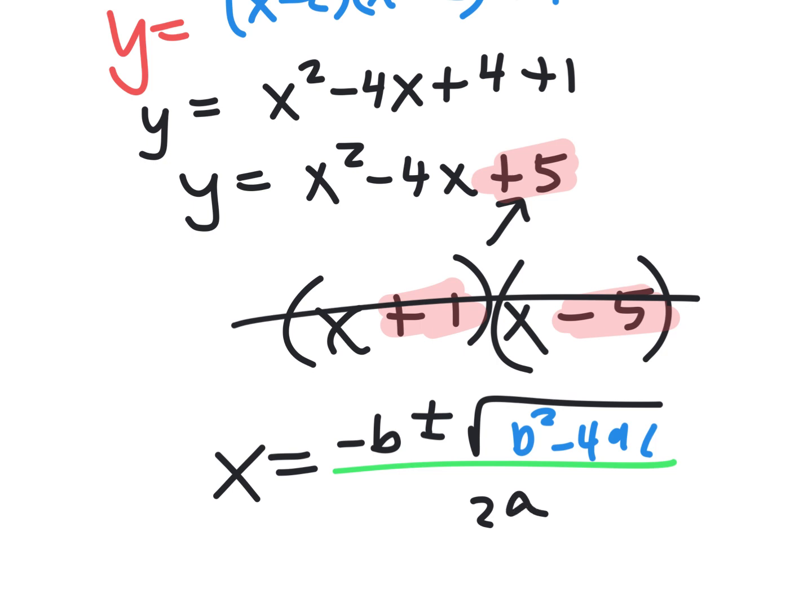You have to know it. See that blue part there? That's going to become a big deal, because if that blue part is negative, you got an imaginary answer. Square roots of negatives exist only as imaginary numbers, but we can't just say, no solutions. We have to get the answer.